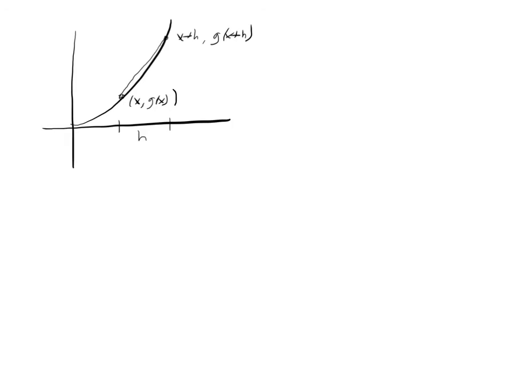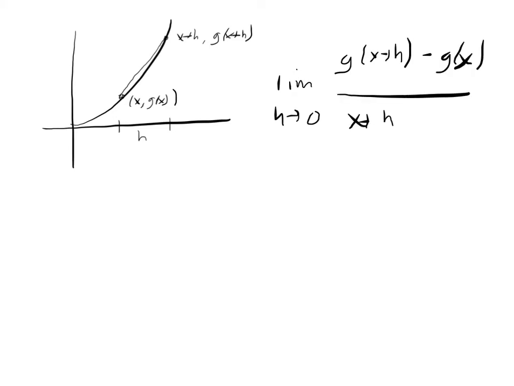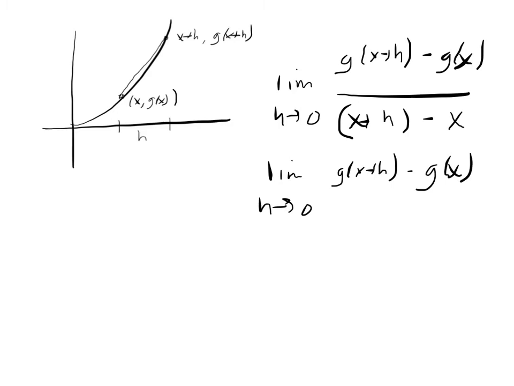So I want to look at the limit as h heads to 0 of g(x plus h) minus g(x) all over x plus h minus x. And you can see that when you simplify that, you get the limit as h goes to 0 of g(x plus h) minus g(x) all over, well, x plus h minus x is just h.